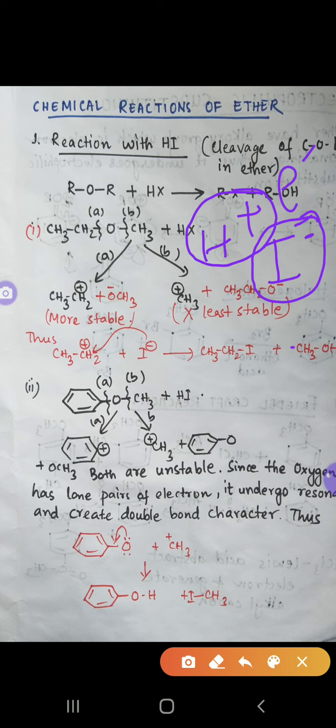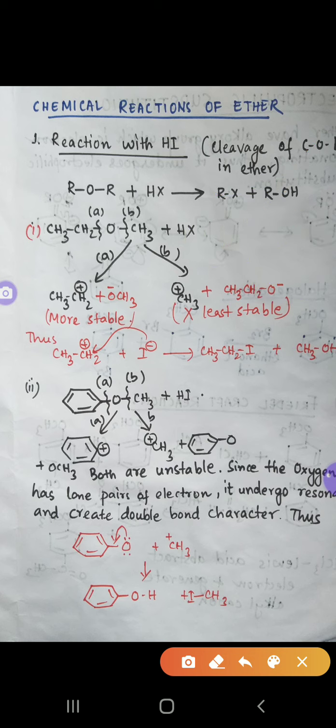So when this reaction takes place, the ether breaks into 2 parts. One will become the carbocation where I minus will get joined, and the other will be some anion where H plus will get attached. You have to observe both the cases, right?